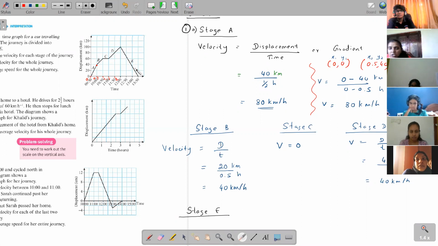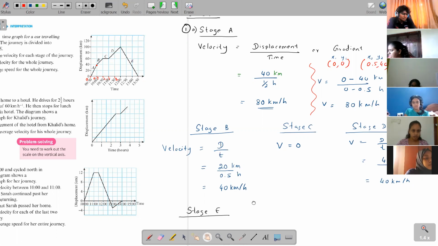What's happening in stage E? You're coming back. Can you see the displacement? You're coming back to the starting point. You're coming back to the displacement 0 point. At 11:30, you have come back to displacement 0, which means what?